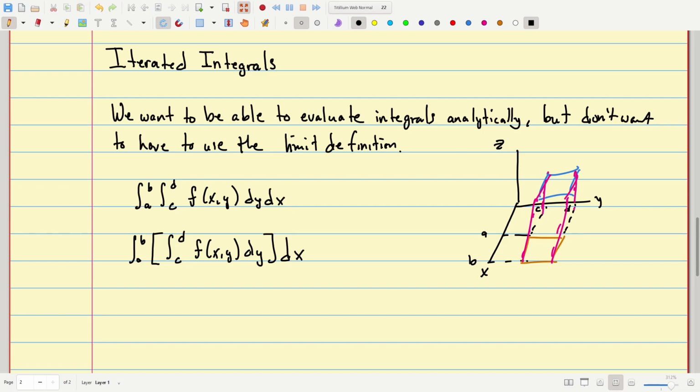The reason that we refer to it as an iterated integral is that we compute the first integral first and then the second one. Much like we only differentiate with respect to one variable at a time, we're also going to be integrating with respect to one variable at a time.